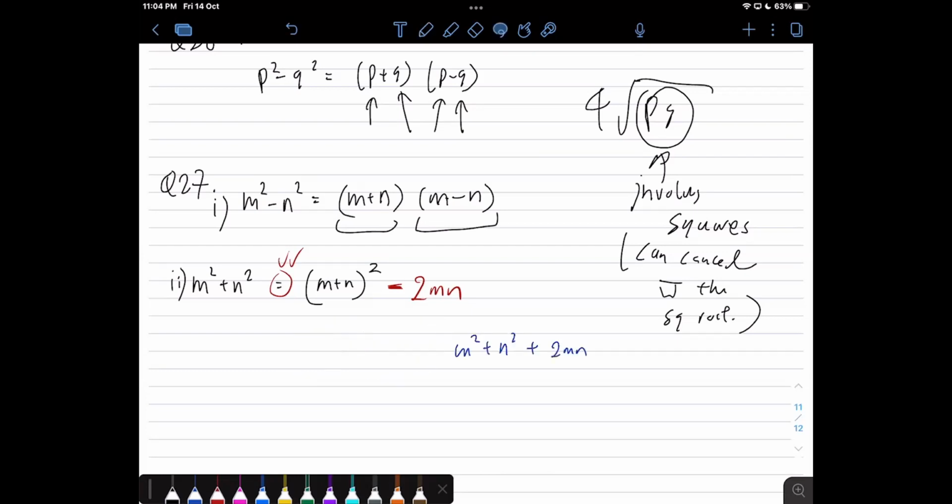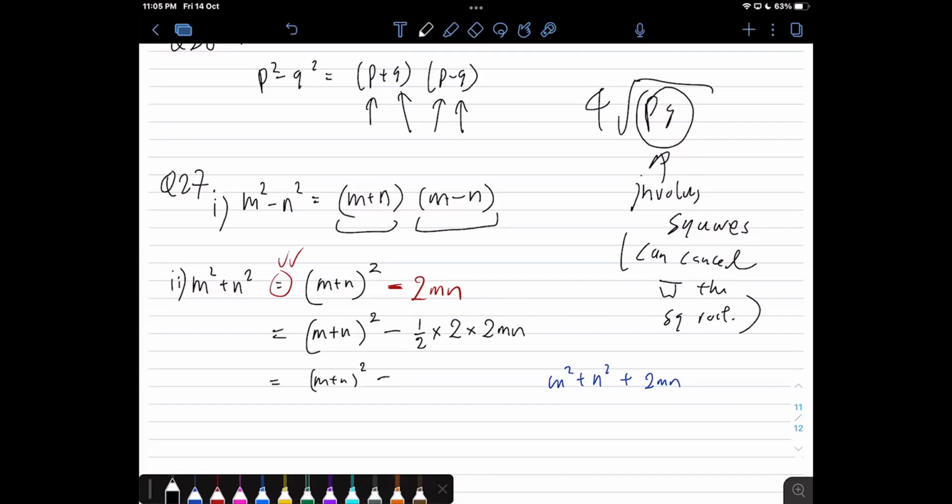Another special identity. This one is an algebraic identity. 2mn is actually the same as half times 2 times 2mn. Do you agree with that? Okay, which means that you can actually rewrite it as m plus n bracket square minus half times 2m times 2n. Do you agree so far?